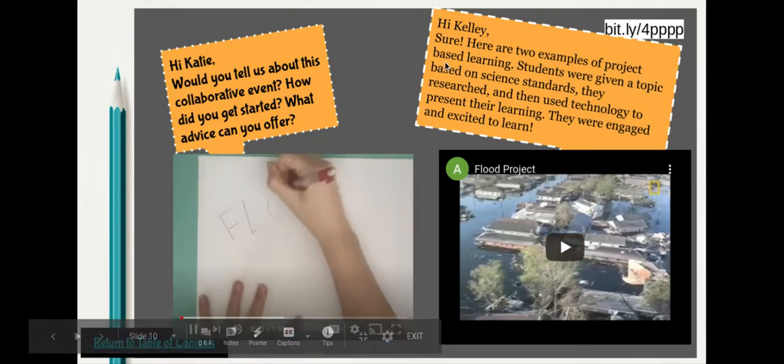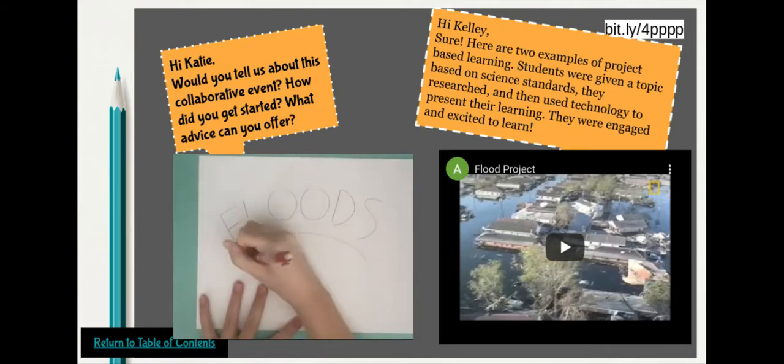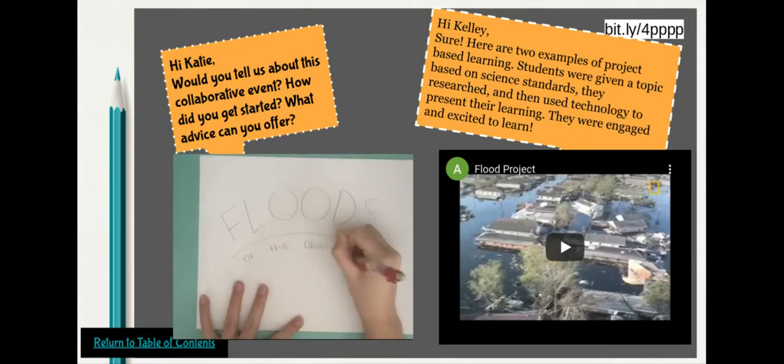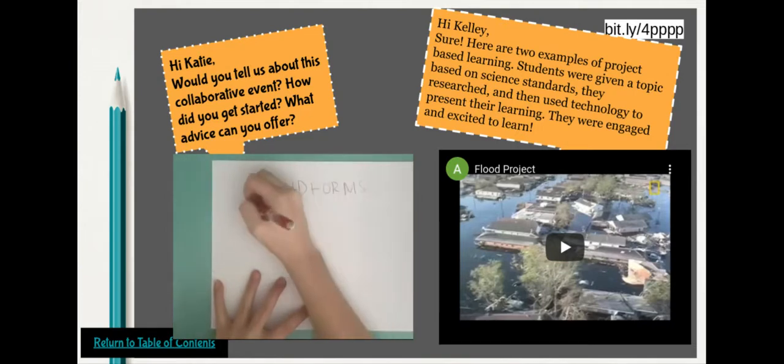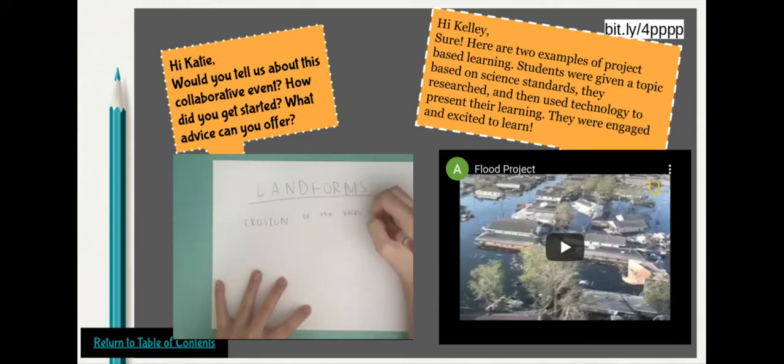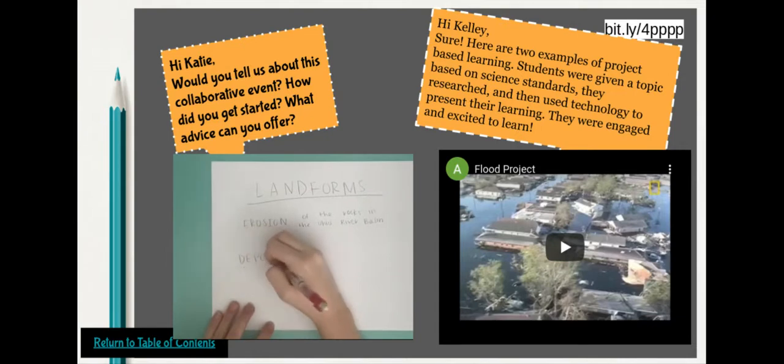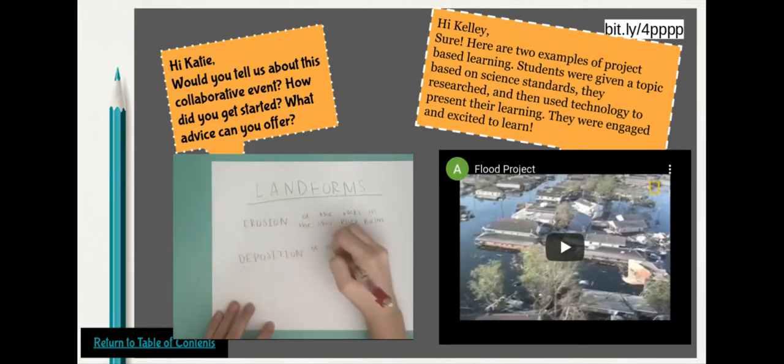This video is about floods of the Ohio River. Landforms. Erosion of rocks in the Ohio River basin can lead to flooding. Deposition of sediments are added to other landforms that can also cause flooding.